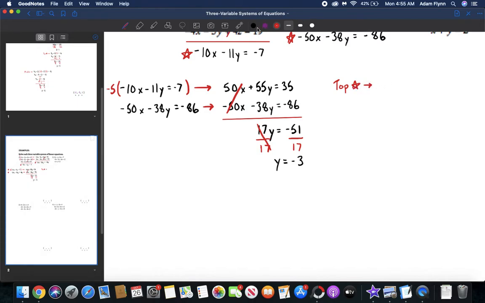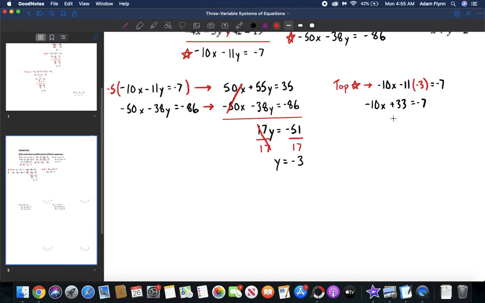When I write down my top star equation, I'm going to have negative 10x minus 11, and instead of y, I'll plug in a negative 3, equals negative 7. So if I simplify this, I'm left with negative 10x plus 33 equals negative 7.